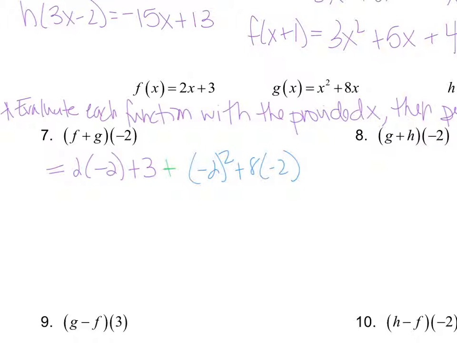So once again, what we did is we took the -2, we plugged it into f, we plugged it into g, and then here's my indicated operation, addition. Okay, and I got that from the problem. Okay, and then you just combine like terms.